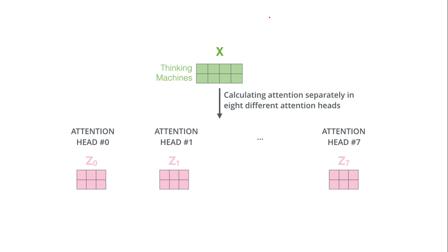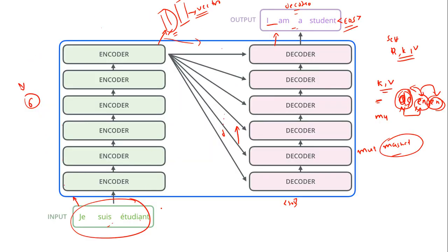As I told you, the number of heads is a hyperparameter. Suppose I am choosing 8 heads, so I'll be getting 8 different sets of matrices. Let me denote it with Z0. The main doubt you get is, when I pass it to the encoder, suppose my embedding vector is of size 512.